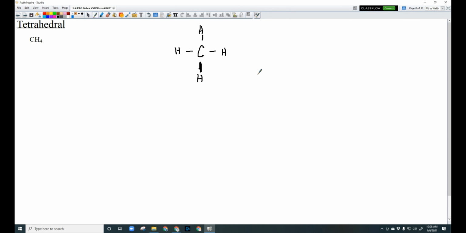So if we look at just the electron configuration for carbon, it would only make sense that since it only has these 2 electrons that don't have a pair here, when it starts interacting with other atoms, it only has these 2 electrons to interact.